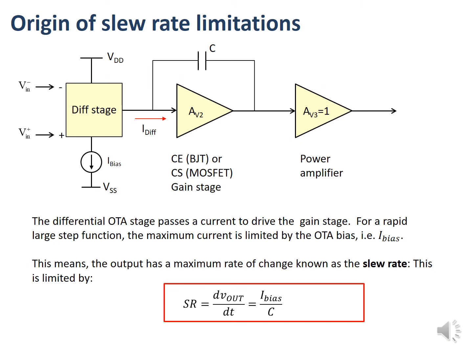And if we want to understand the origin of this slow rate limitation, then actually we have to think about the circuitry that's inside our op-amp. We saw already that it has a number of different stages. It has a differential stage at the input, where the V in minus and the V in plus, the two minus and plus inputs, are combined and come together.